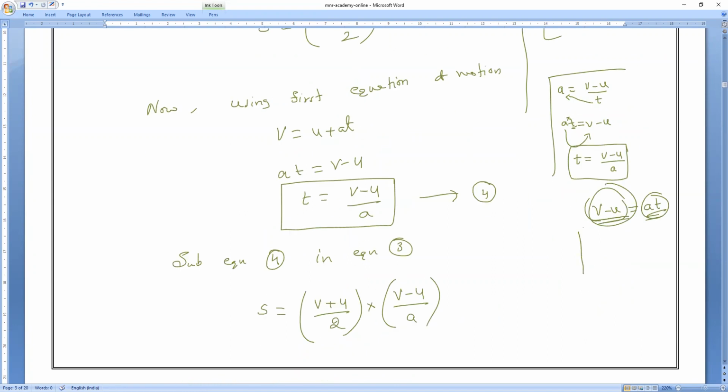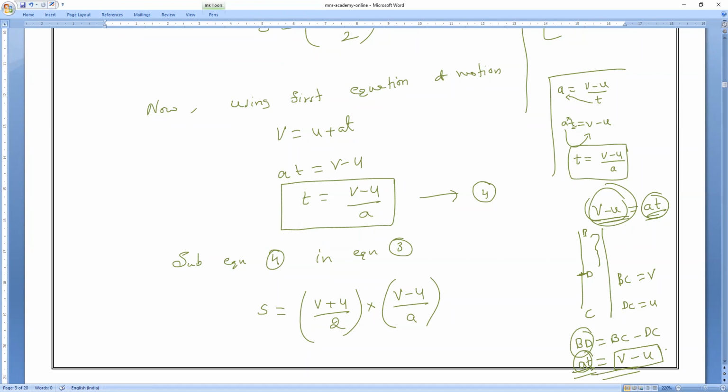As we know, this is B, this is D, and this is C. BC is the final velocity and DC is the initial velocity. Then I want to get BD. BD is equal to BC minus DC. BC means V and DC means U. So V minus U we have replaced with AT. Do you remember? The slope of the graph is AT. Yes or no, Shivani? Similar thing we are doing here.